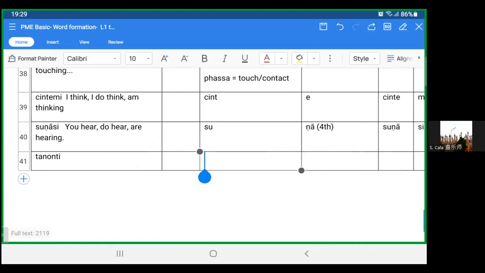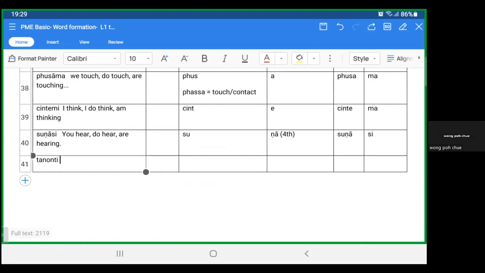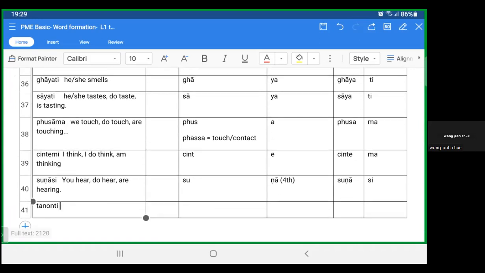Next one, sayaji. The verbal termination is me. Oh, okay, sorry. Me. All right, good. Thank goodness my students are not sleepy here.